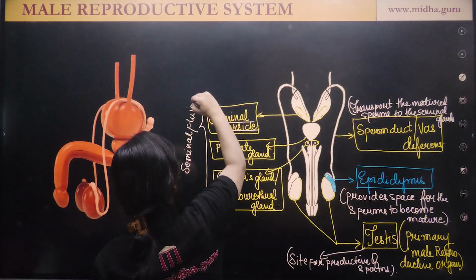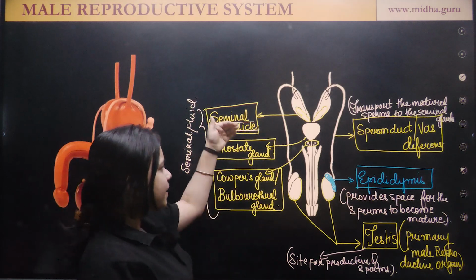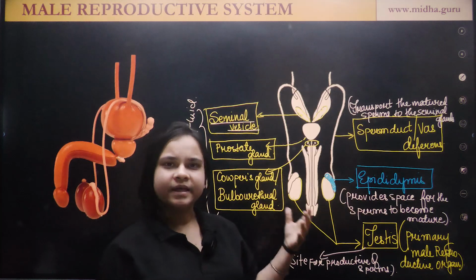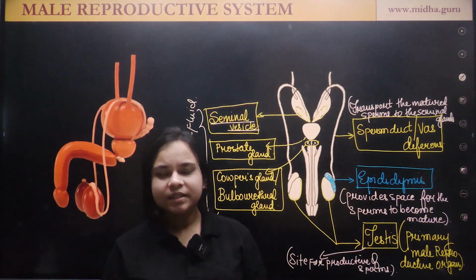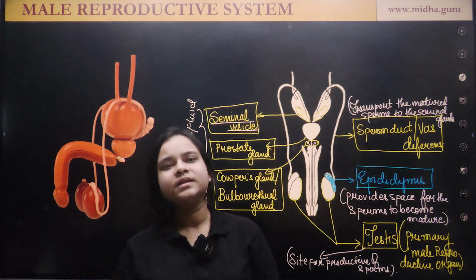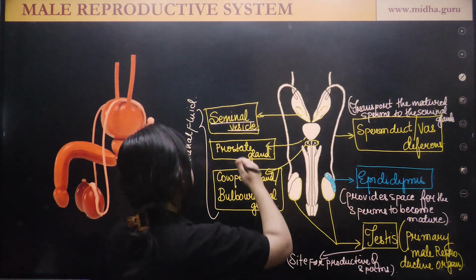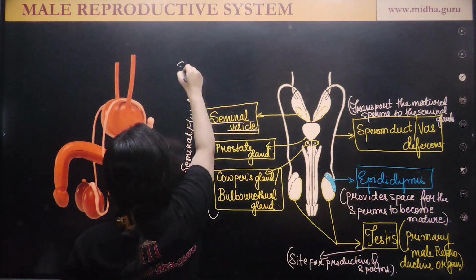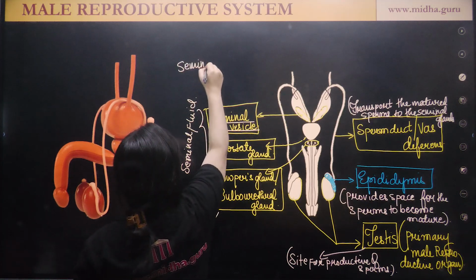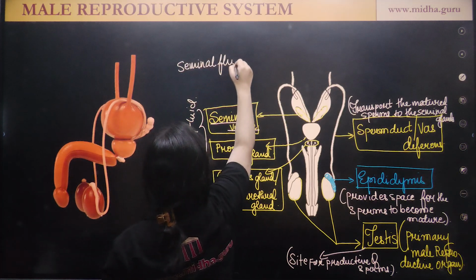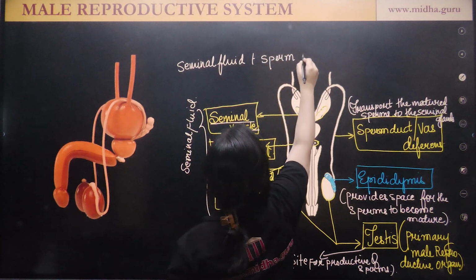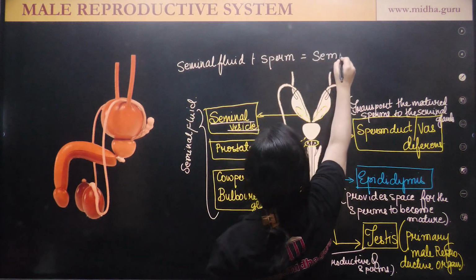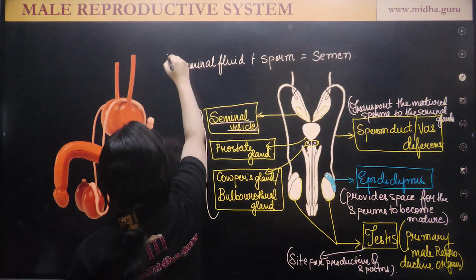Now when the mature sperm passes through all the three glands, it gets mixed with the seminal fluid to produce another fluid called semen. So semen is basically seminal fluid plus sperm. And this is a star mark point.